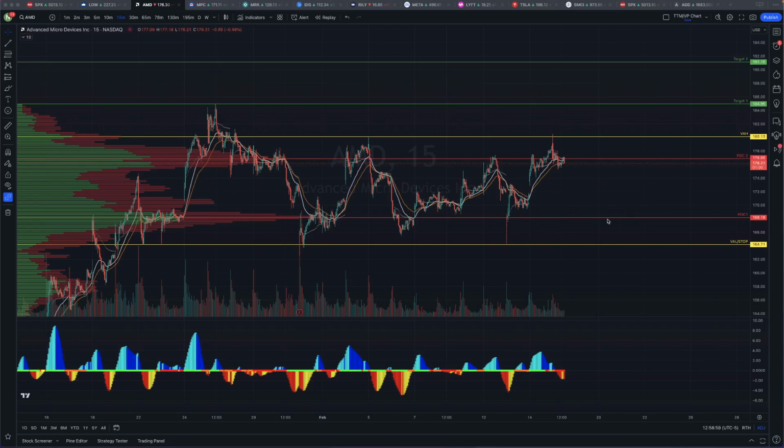So what I would like to do is set up a trade plan where I take a trade off of point of control number 1 or my value area low. If it doesn't get here, it doesn't get here, right? That's totally fine. I've missed the trade, but I also didn't lose any money, right?